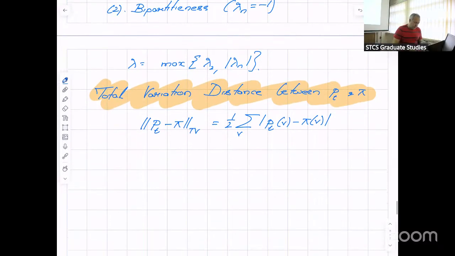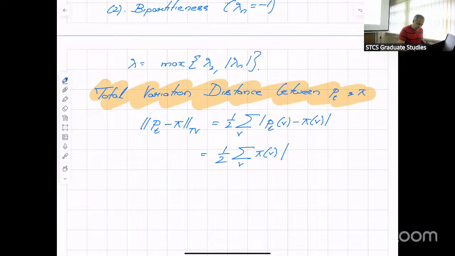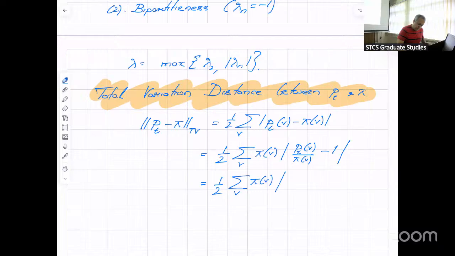So let's write it that way. This is half of the summation over v of pi(v) times |p_t(v)/pi(v) minus 1|. I can write this as the sum over v of pi v, and this is the matrix pi inverse.